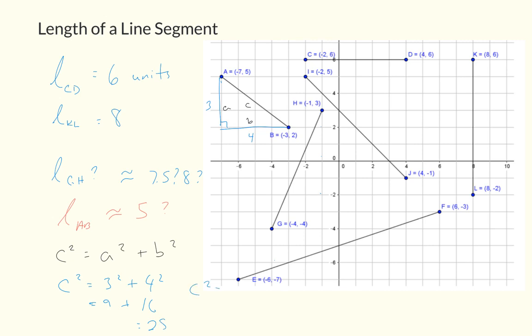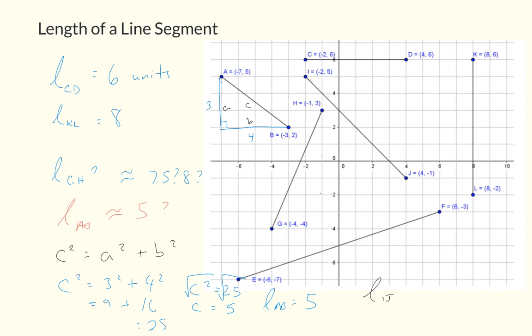So if c squared equals 25, then mathematically the correct way to solve this is to take the square root of both sides, because the square root of c squared is c, and luckily the square root of 25 is a very easy number to work with, 5. So the length of AB must be 5, and that means I had a pretty good guess before. Okay, so you should try and figure out the length of IJ using this method.